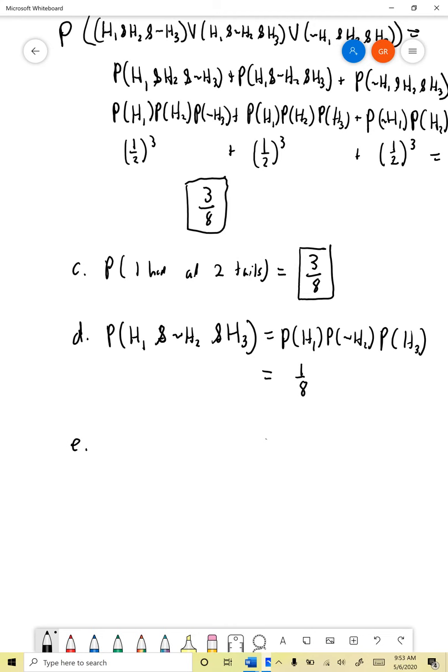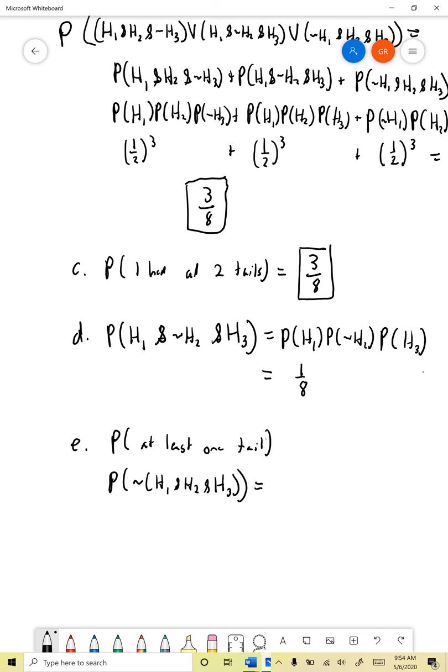Next question. What's the probability of getting at least 1 tail? Now, what does it mean for us to get at least 1 tail? That really means that we don't get all heads. So getting at least 1 tail is just the negation of getting all heads. So this is the same thing as finding the probability that it's not the case that we only get heads, H1 and H2 and H3.